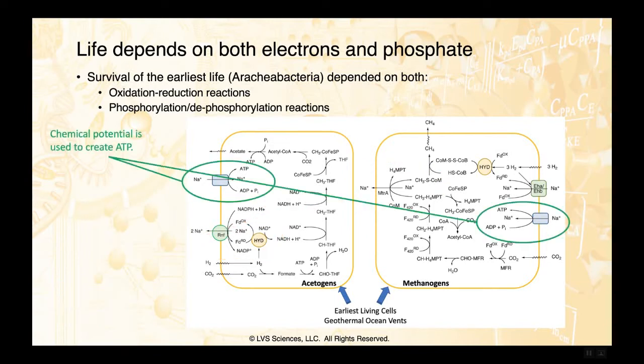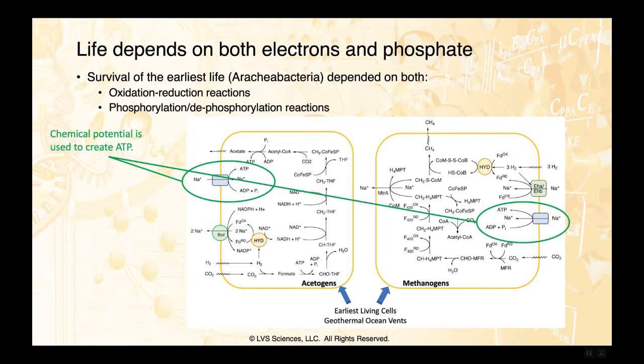Okay. Now, the proton gradients are generated from the reducing equivalents. In general, they're generated from the reducing equivalents, and they're then consumed, or they allow the production of ATP when the sodium is returned back to the cell. So there's a driving force for that reaction.